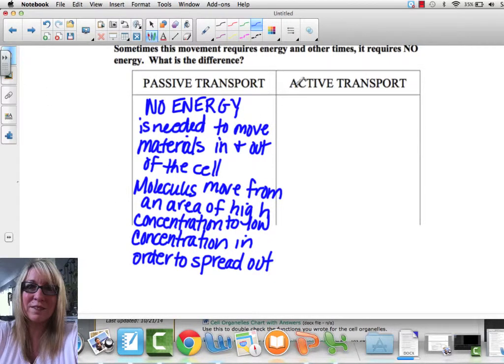Now we're going to come back to this, but let's talk a little bit about active. Well, passive requires no energy. So here, energy is needed to move molecules in and out of the cell. Or materials, sorry.